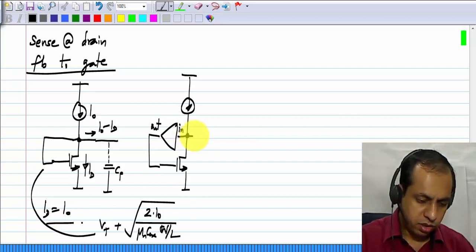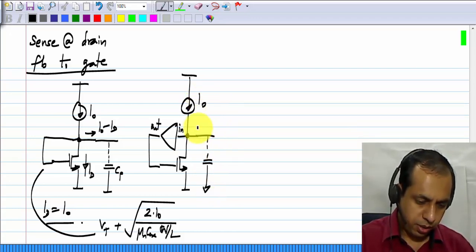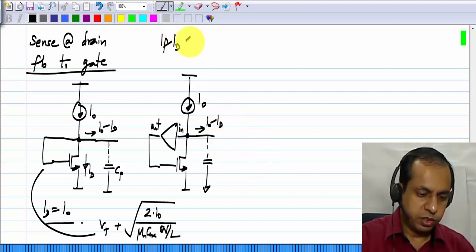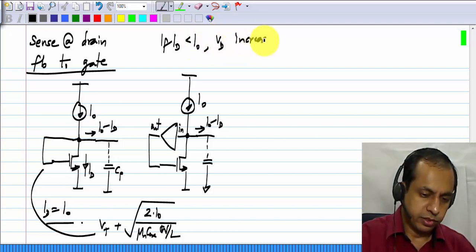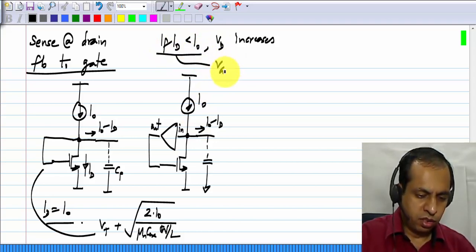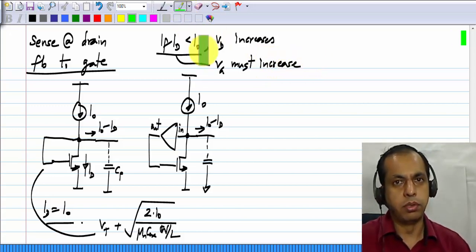So what must happen is the following: I0 minus ID. If ID is smaller than I0, VD increases. Also, if ID is smaller than I0, VG must increase to make ID closer to I0.